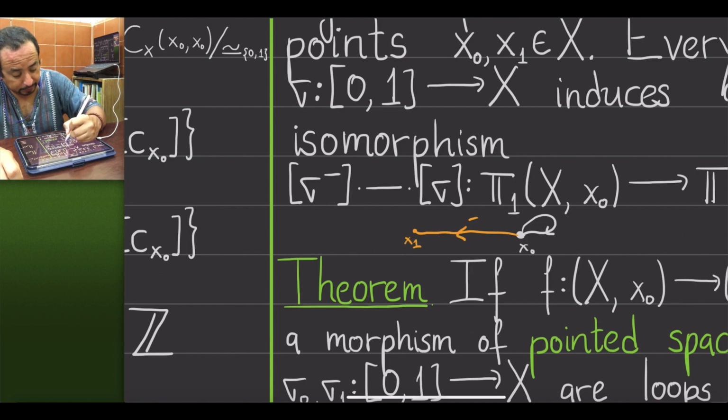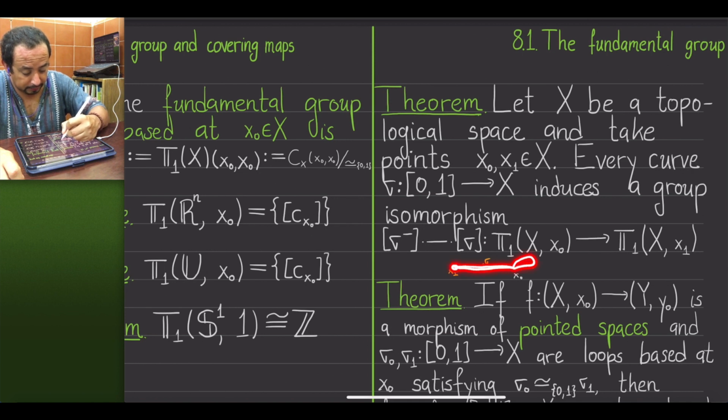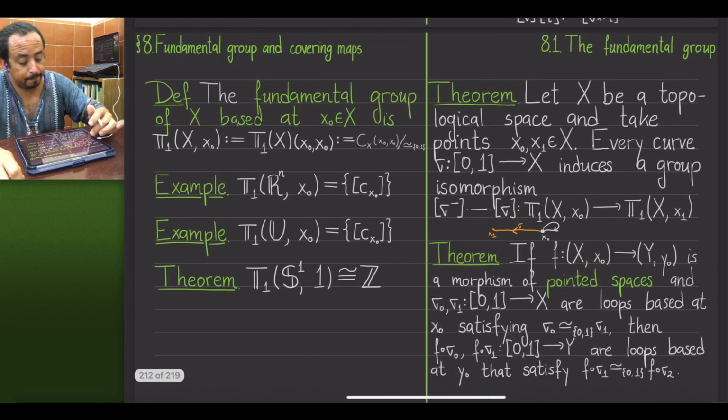This is my sigma. And once you make this drawing, it is obvious what you have to do, right? You start with sigma minus, then go with your curve, and then apply sigma. And do this up to homotopy, right? So in particular, I'm saying that this is well defined, and it's a group isomorphism. Okay.